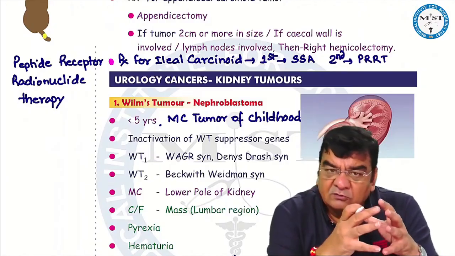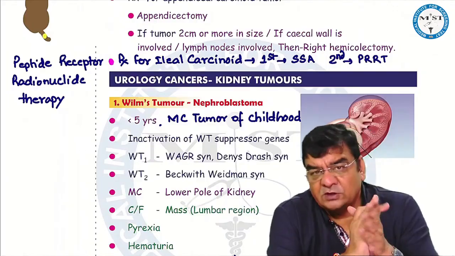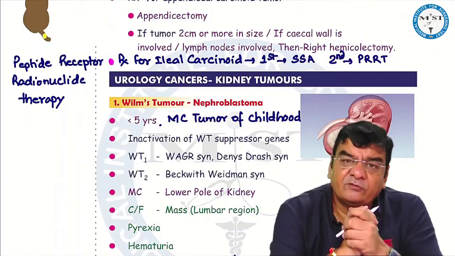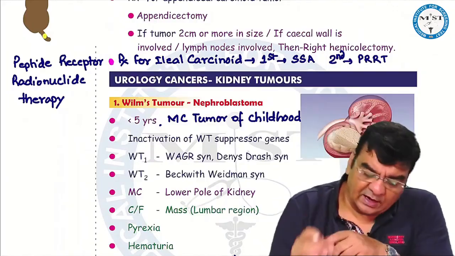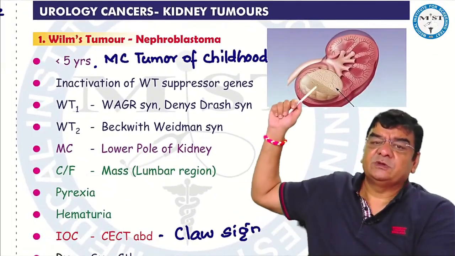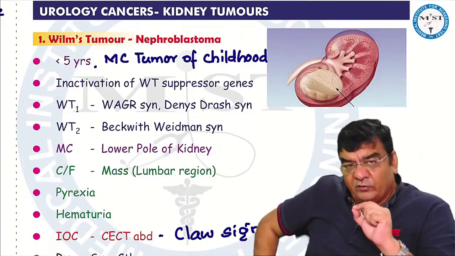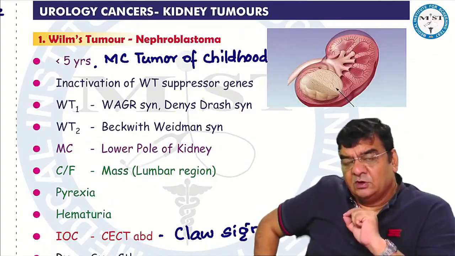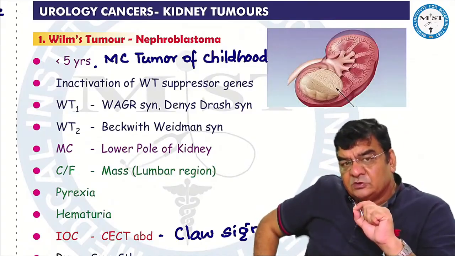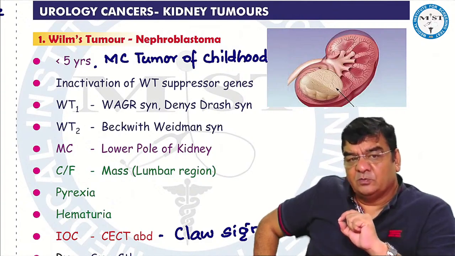In babies, this Wilms tumor or nephroblastoma is the most common tumor of childhood, especially less than 5 years of age. And this can be associated with inactivation of Wilms tumor suppressor gene 1, WT1, which is associated with WAGR syndrome and Denys-Drash syndrome. Inactivation of Wilms tumor suppressor gene 2, WT2, is associated with Beckwith-Wiedemann syndrome.